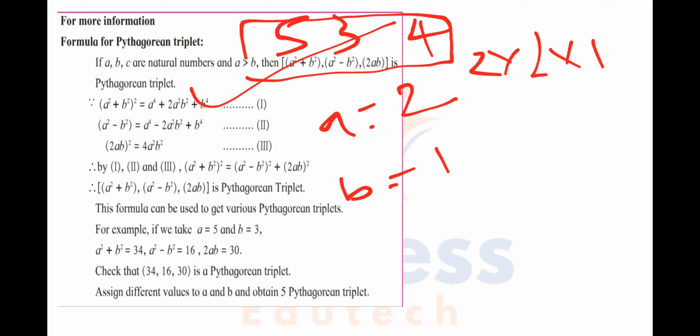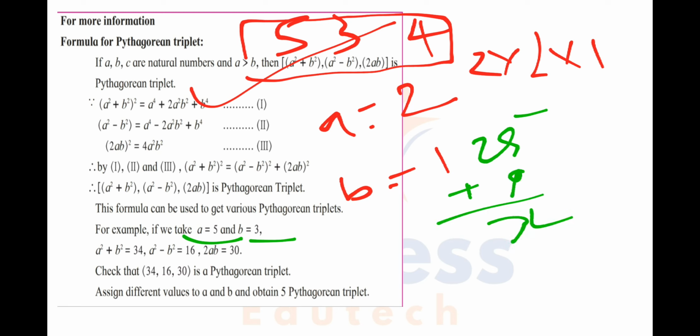Now this is one example in your book. Here we take A equal to 5 and B equal to 3. So while making a combination of these, A square, that means 5 square is 25. 25 plus 9, we get 34. This is your first number. Now the second number is A square minus B square, that means 25 minus 9, we get 16.